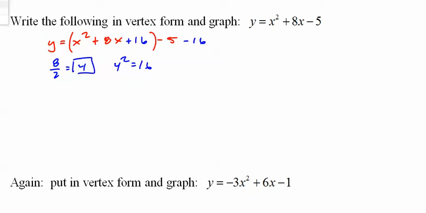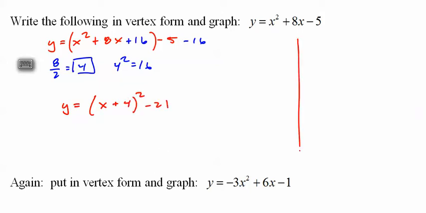So now we can write it in vertex form. Y equals x plus what's in the box, 4 squared minus 21. Very quick graph. I'm not trying to do this one perfectly at all. Left 4, down 21. Put a ton more tick marks in here just for the fun of it.